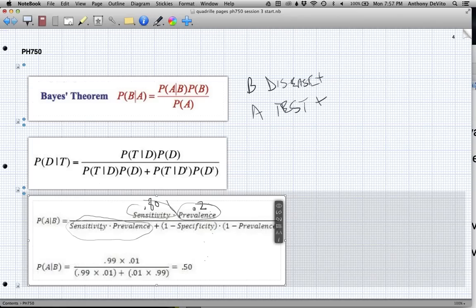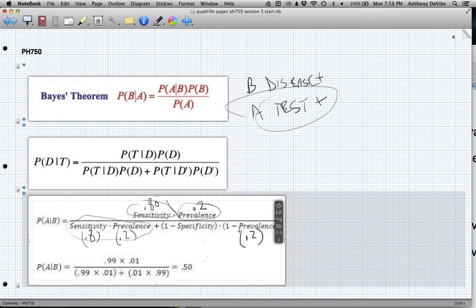Who else tested positive? People that don't have the disease also tested positive. They're part of that probability of testing positive, that A, that positive test. Well, how do we determine which people don't have the disease? First of all, it's going to be the probability of not having the disease. Well, that's 1 minus the prevalence. So this is going to be 0.8 times 0.2. So 1 minus the prevalence. What was the prevalence? The prevalence was 0.2, so 1 minus the prevalence is 0.8.